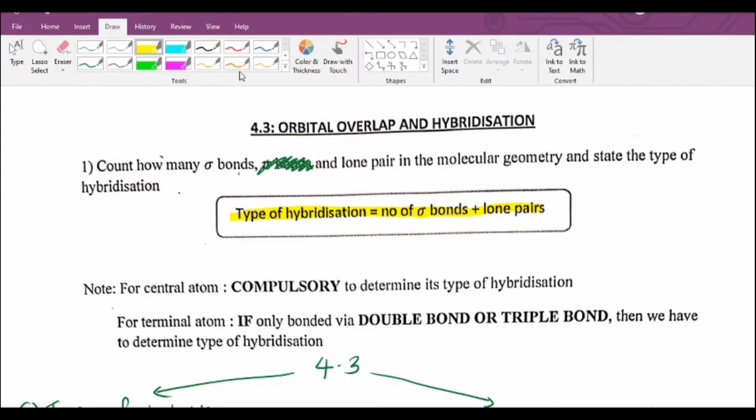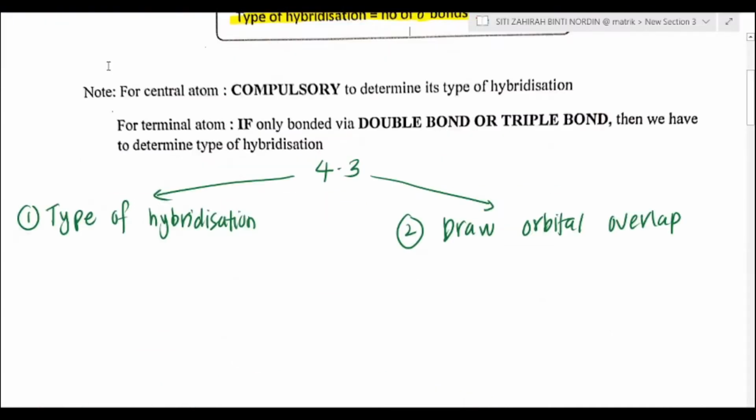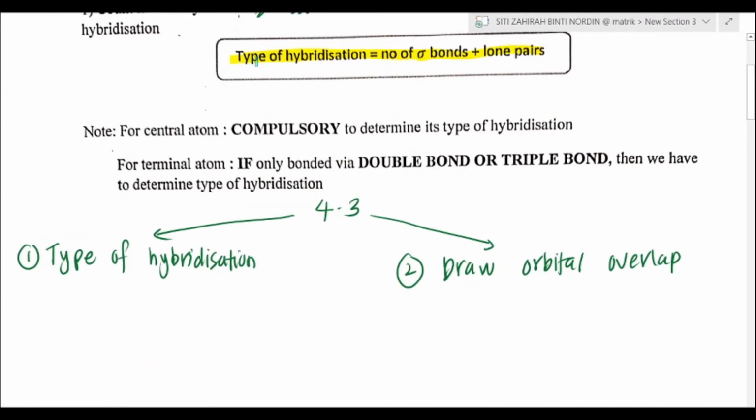What I mean by lone pair is that you have to count the pairs and not the electrons one by one. For the central atom, it is compulsory to determine the type of hybridization. Again I repeat, for the central atom, you must find out the type of hybridization.